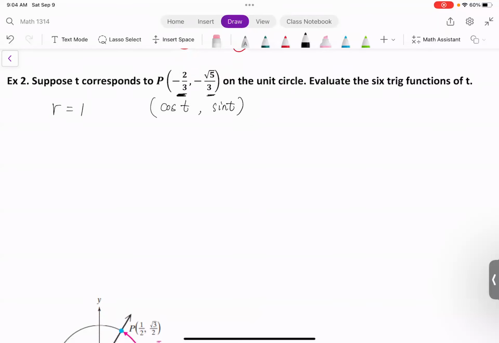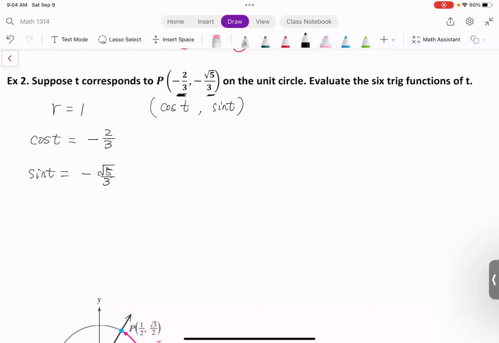If I know that cosine t is the x value, -2 over 3, I can also find sine t. Sine t equals negative square root of 5 over 3.